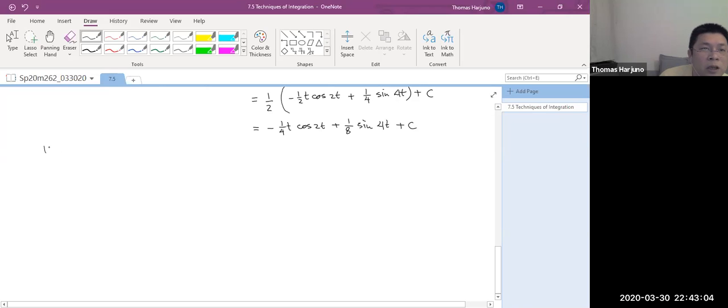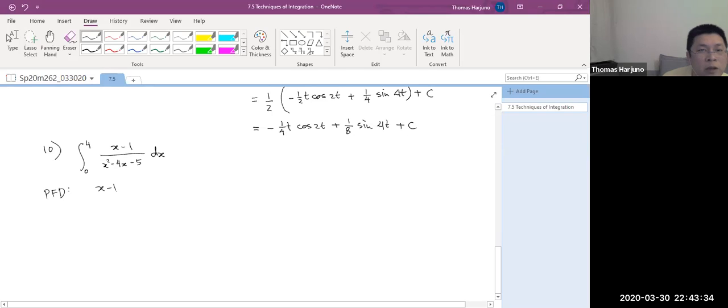On number 10, the integral from 0 to 4 of x minus 1 over x squared minus 4x minus 5 dx. Let's see. This is x minus 1. You know, we will do partial fraction decomposition.